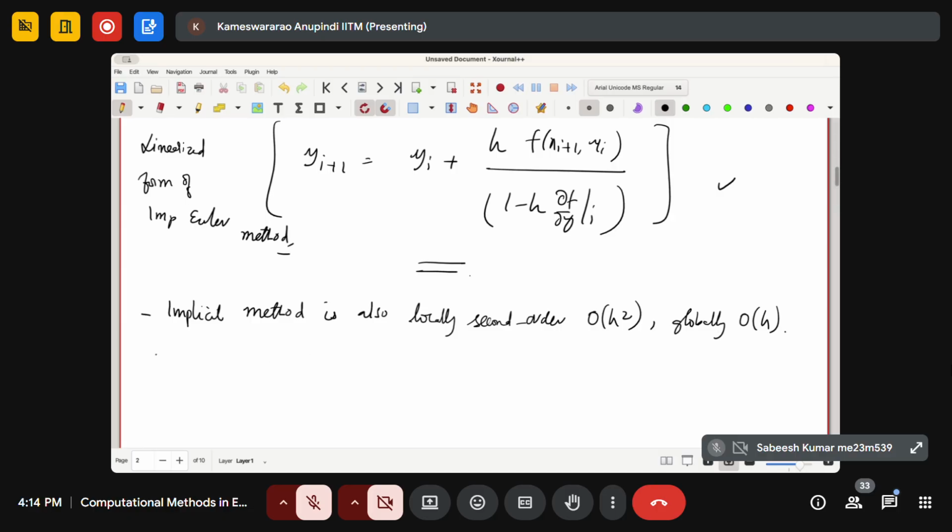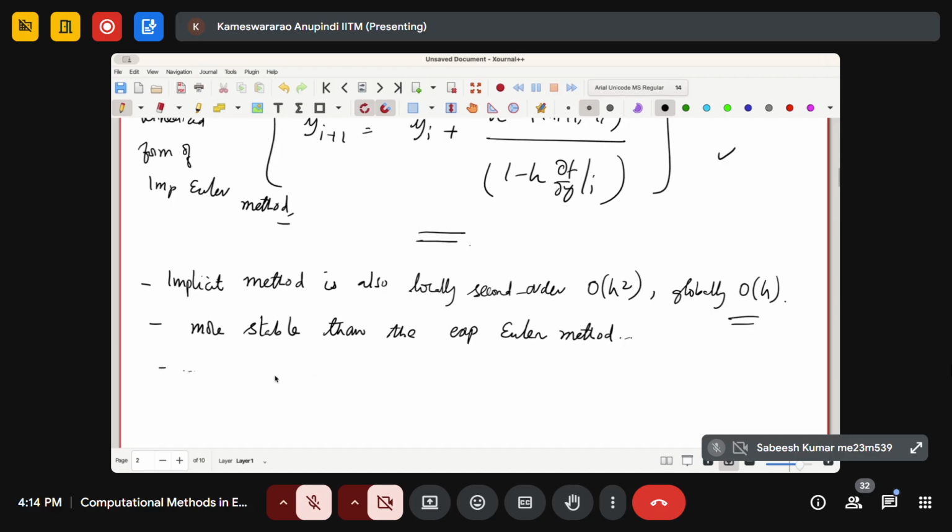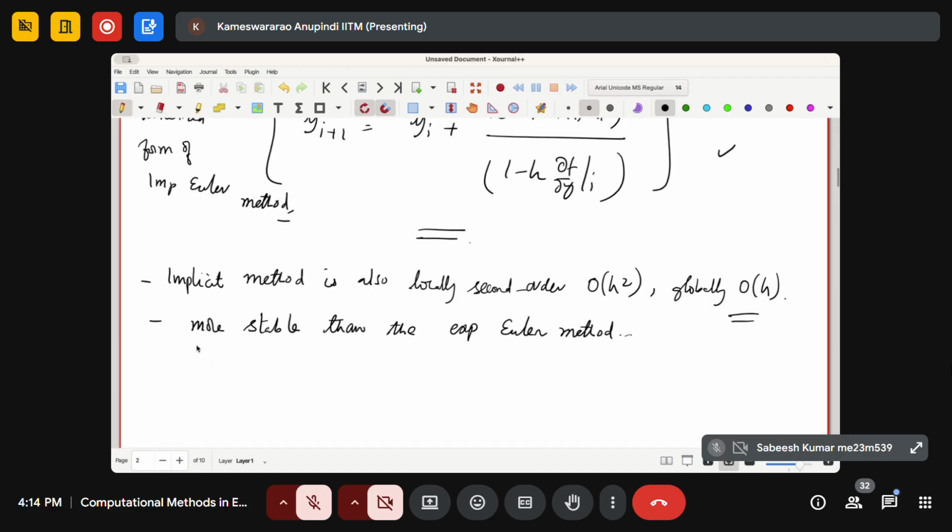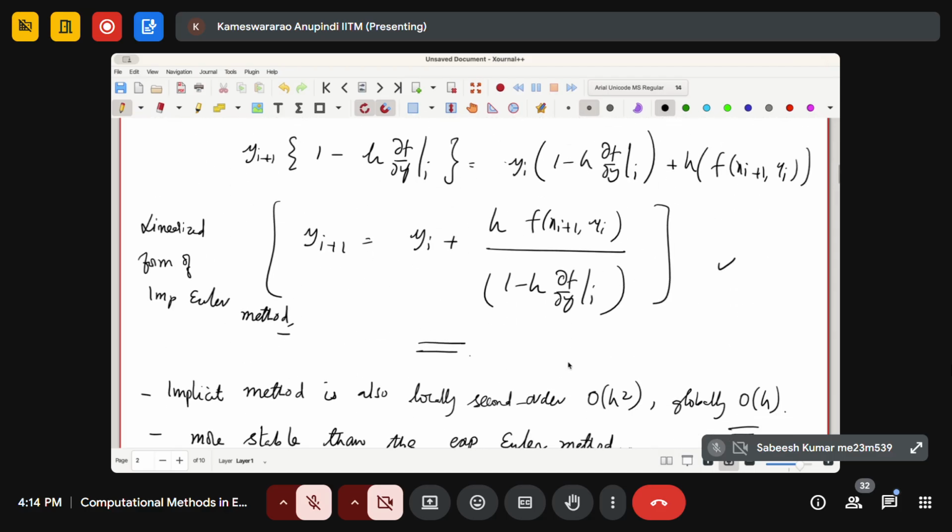And then, of course, the implicit Euler method is much more stable than the explicit Euler method, because we are bringing in information from the next time step, from the unknown time step. However, the method is only order h. So it is not going to diverge as much as the explicit Euler method. Okay, fine. So that's about the implicit Euler method.